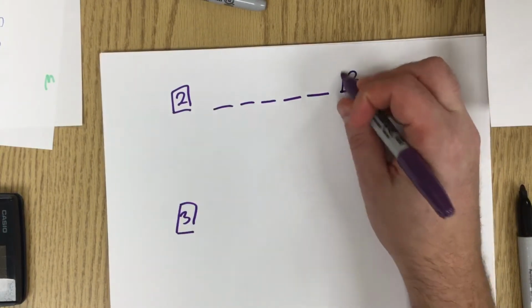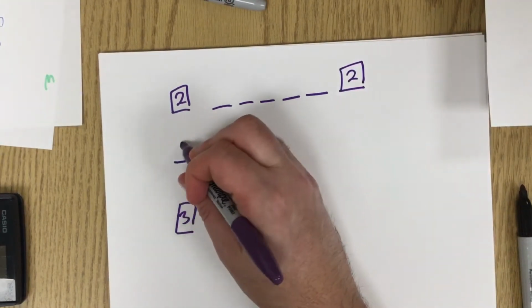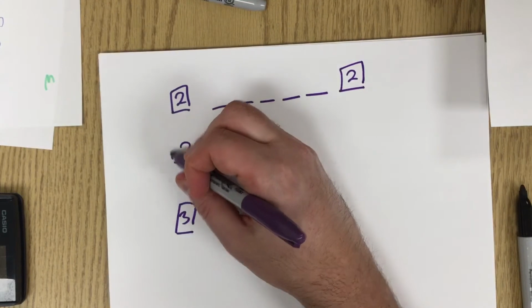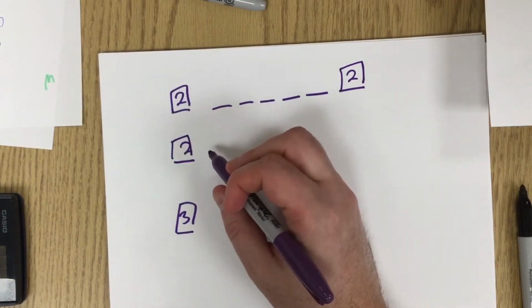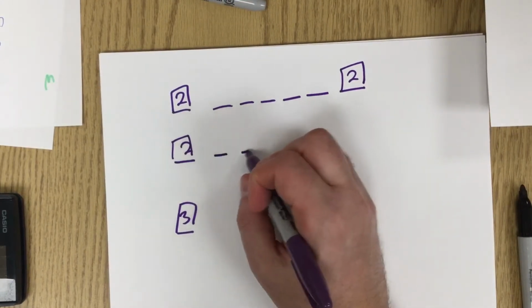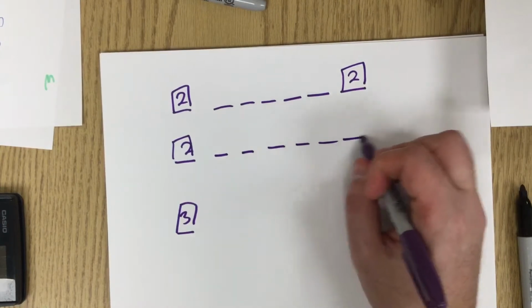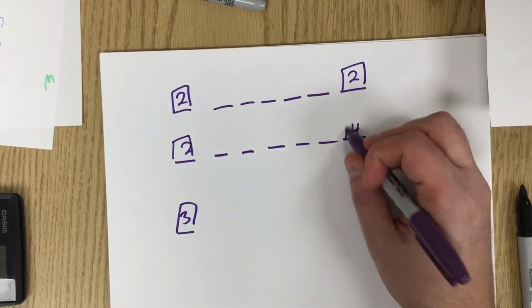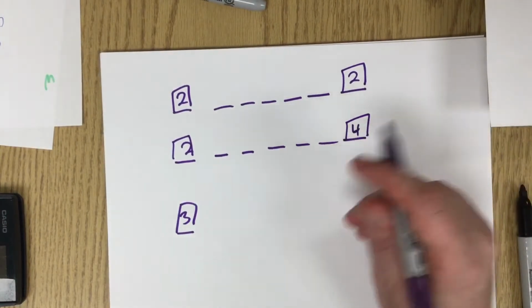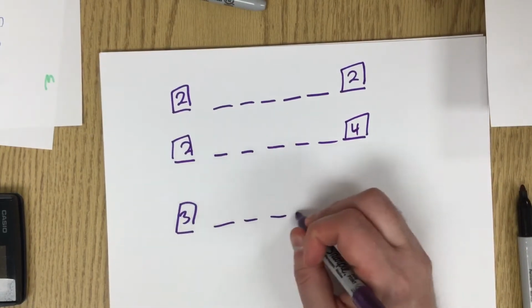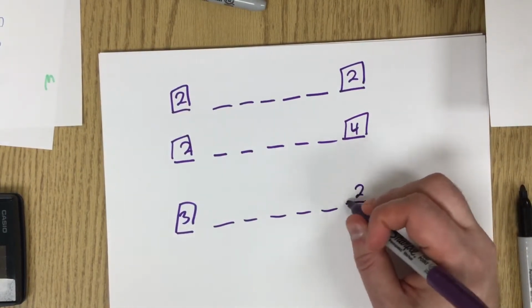We can either start with a 2, end with a 2. Start with a 2, end with a 4. It could start with a 3 and end with a 2.